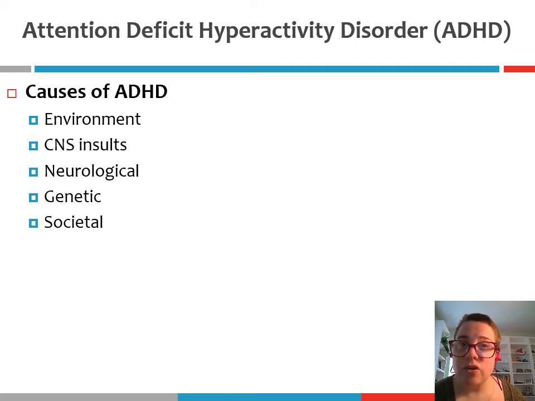So what does this have to do with society or psychosocial implications? Well, the idea is that maybe one of the reasons these children are displaying symptoms of ADHD and being diagnosed with ADHD is because they're simply lagging behind developmentally as compared to their peers, right?